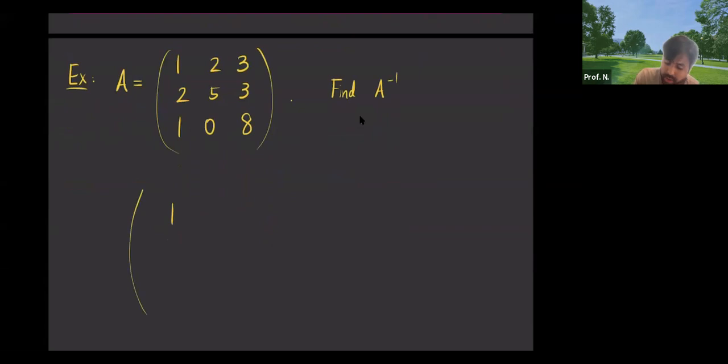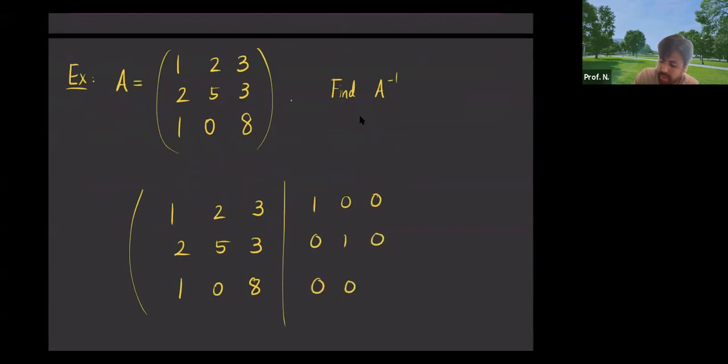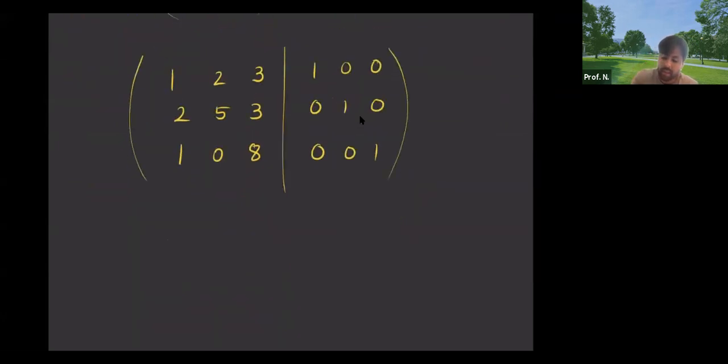So I have A: 1, 2, 3, 2, 5, 3, 1, 0, 8, and I have 1, 0, 0, 0, 1, 0, 0, 0, 1. So then I want to find the inverse.